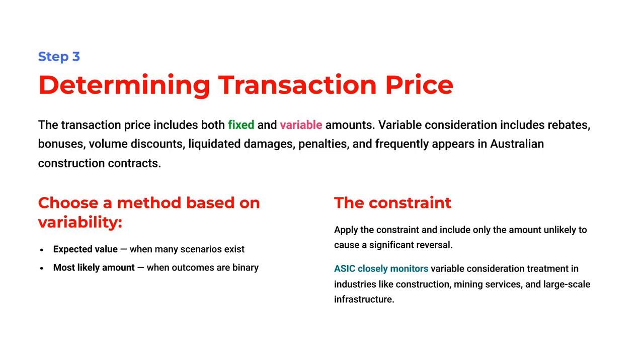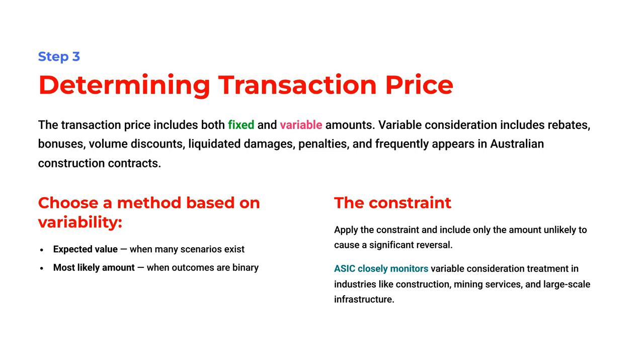Step 3. Determining transaction price. The transaction price includes both fixed and variable amounts. Variable consideration includes rebates, bonuses, volume discounts, liquidated damages, and penalties, and frequently appears in Australian construction contracts. Choose a method based on the nature of variability.